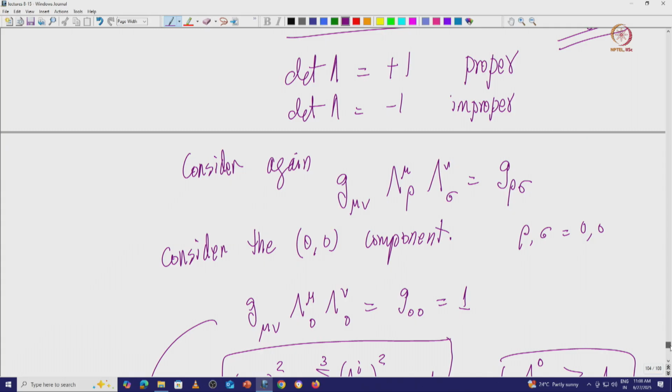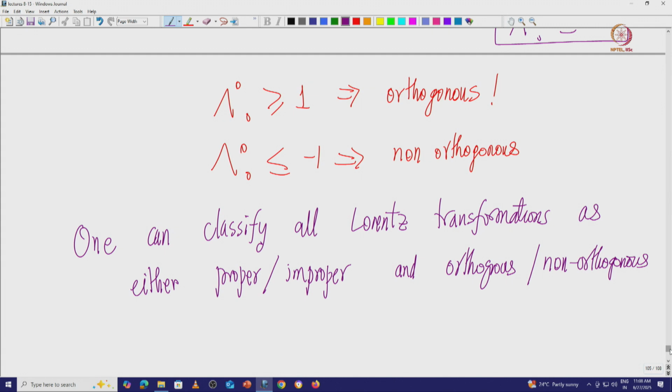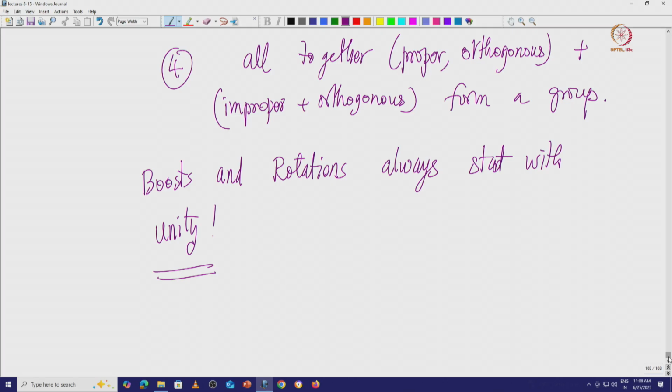They should have infinitesimal transformations around unity. If you want to start around unity, by definition they have to be proper, so the determinant should be positive, and lambda 0 0 should always be greater than or equal to 1.